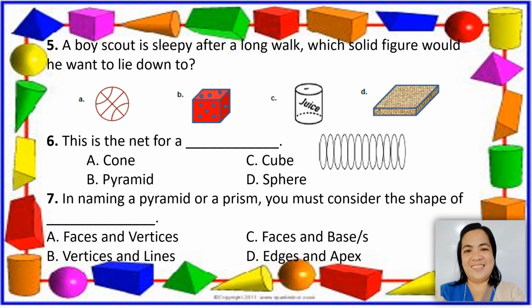D, sphere. Then encircle the letter. Number 7, in naming a pyramid or a prism, you must consider the shape of blank. A, faces and vertices. B, vertices and lines. C, faces and bases. D, edges and apex. Choose a letter, then encircle.